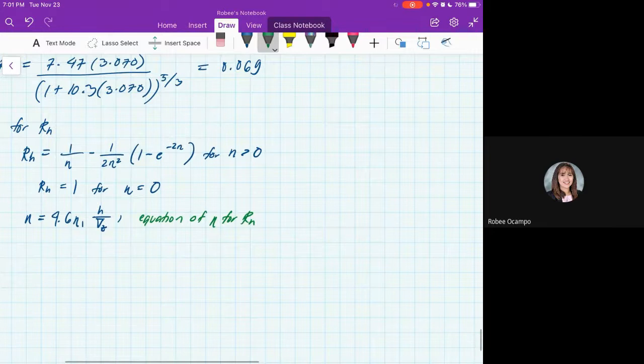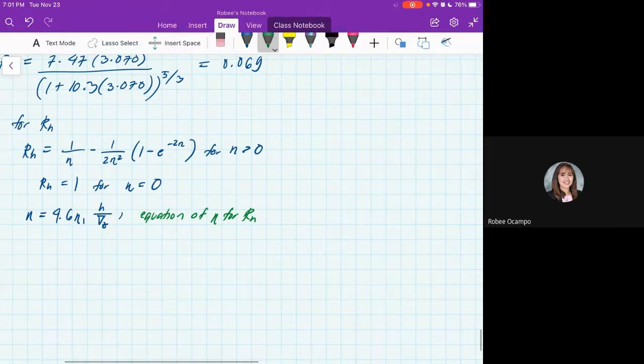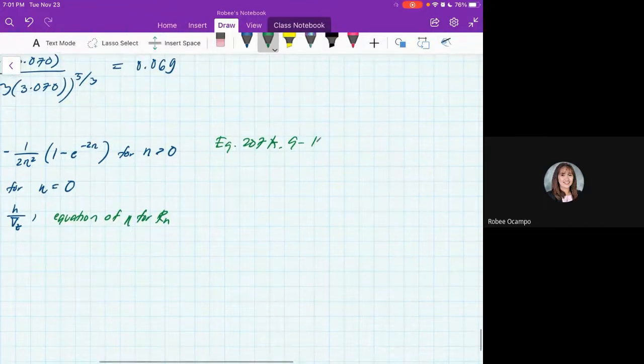So let me just write the equation number. For RH, this is equation 207A.9-15A for the first printing and 9-19A for the second.